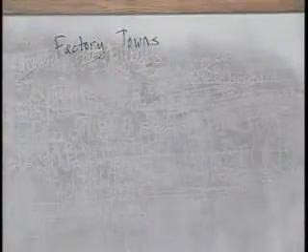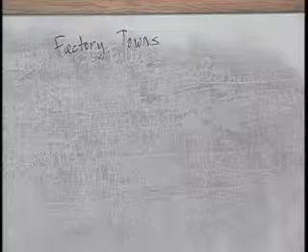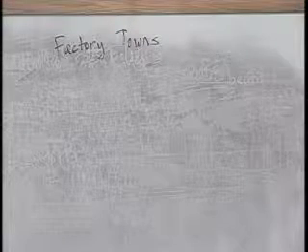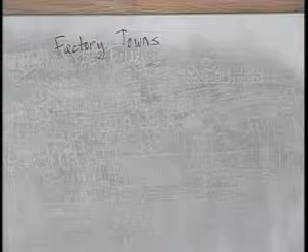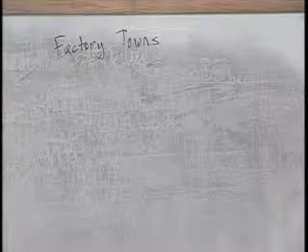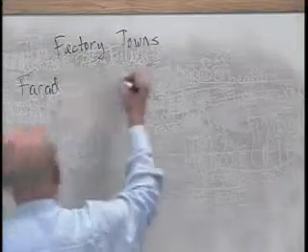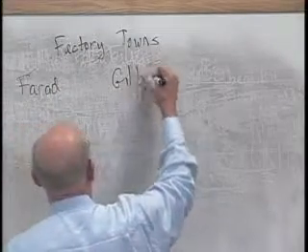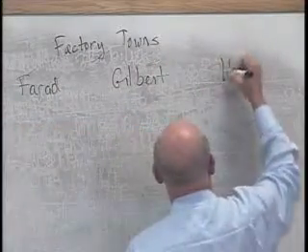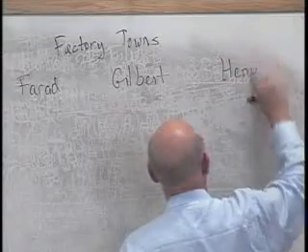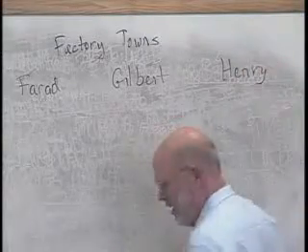So we have a company that has manufacturing plants in 3 factory towns named Farad, Gilbert, and Henry.